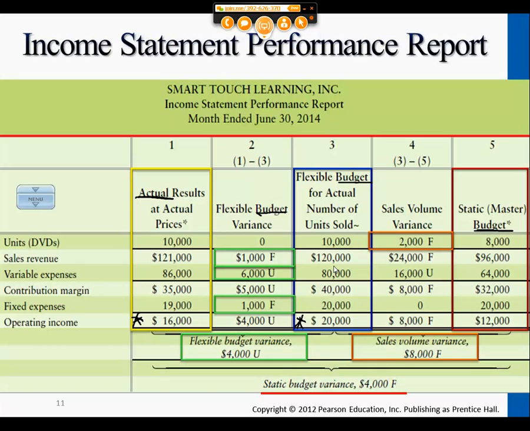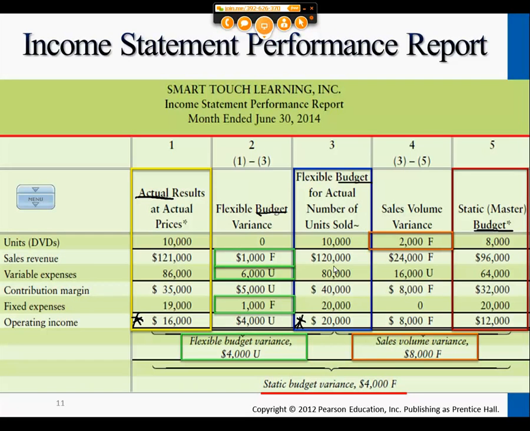Okay, so listen. The next steps, you want to see the flexible budget variance and the sales volume variance, right? For that operating income. That's a very big indicator how you're doing with your budgets, right? And against them, in the actual, with the actual numbers. So my flexible budget variance is the difference between 16,000 and 20,000.